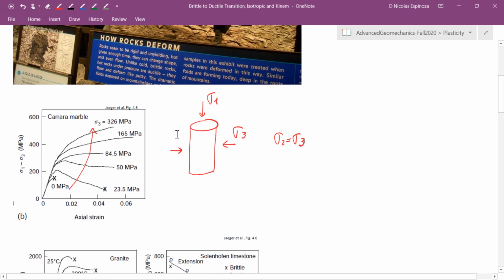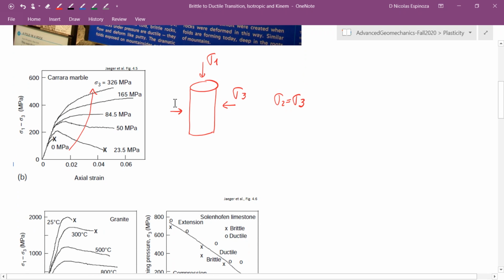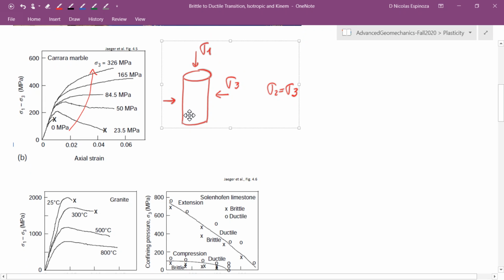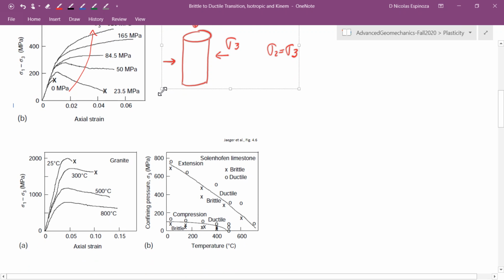Okay, as I was telling you, we know about other variables that enable this transition from brittle to ductile. And probably the one that is the easiest to see is temperature. And we see something similar, that with increasing temperature, we see a transition from brittle failure to ductile failure.